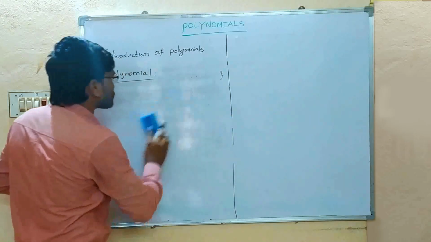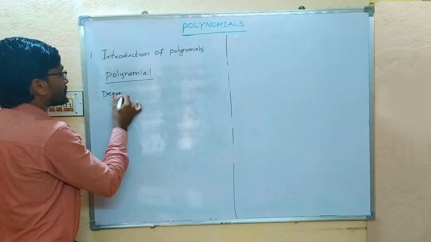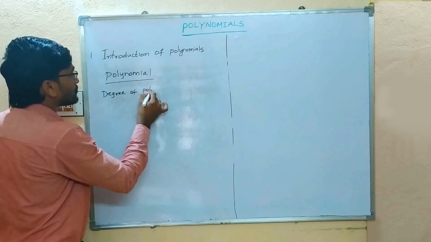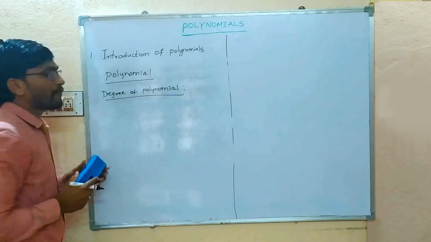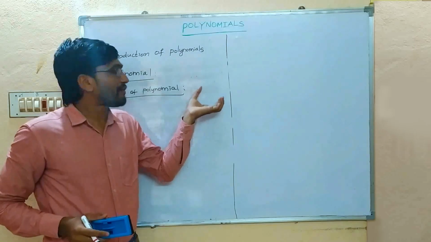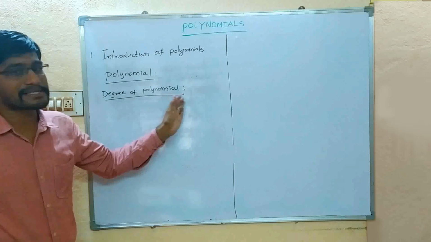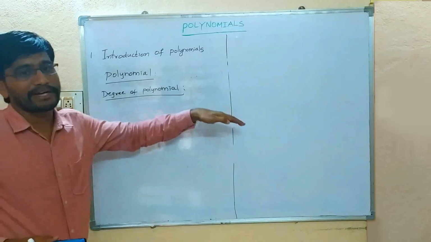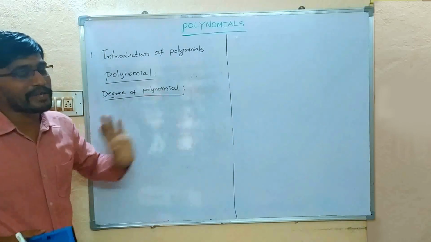Next, let us know what is the degree of a polynomial. The highest power of the variable of a term involved in the polynomial is called the degree of the polynomial.